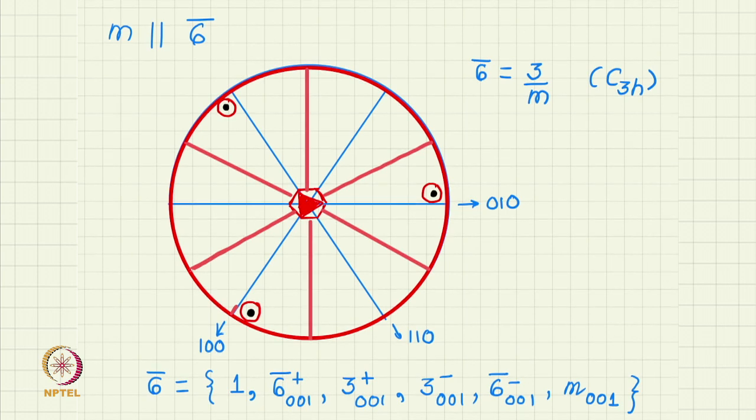Don't forget your general result, that wherever 2 perpendicular mirrors intersect, you get a 2-fold axis. So, there is a horizontal mirror and a vertical mirror. So, 2-fold axes start emerging.